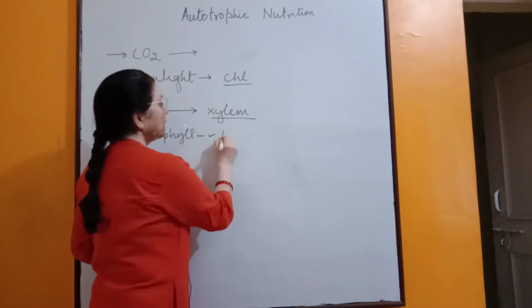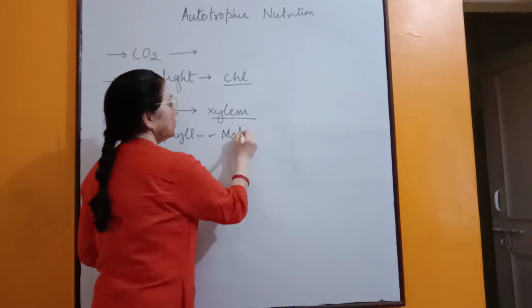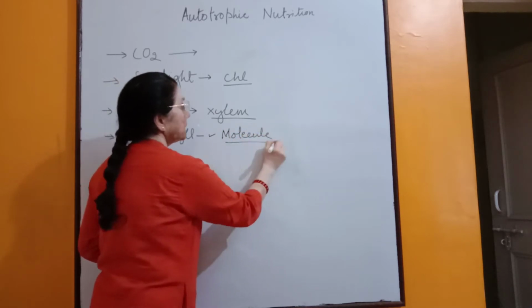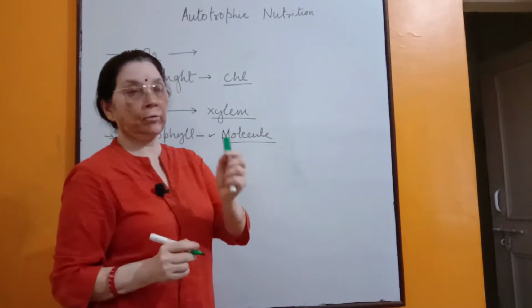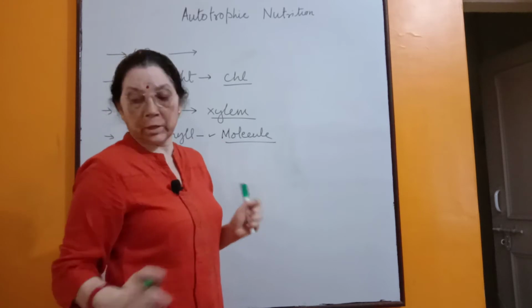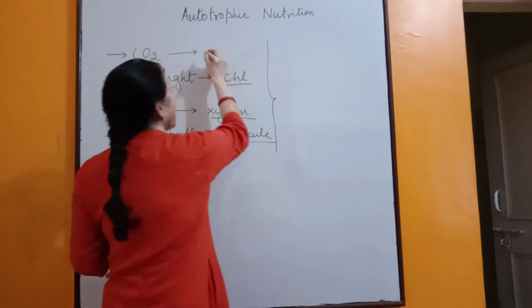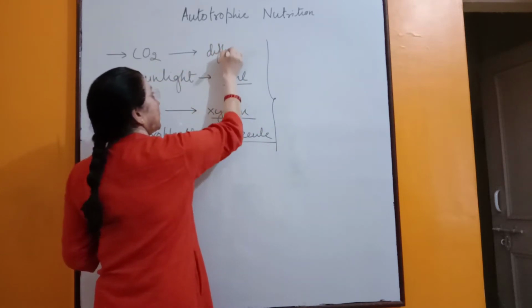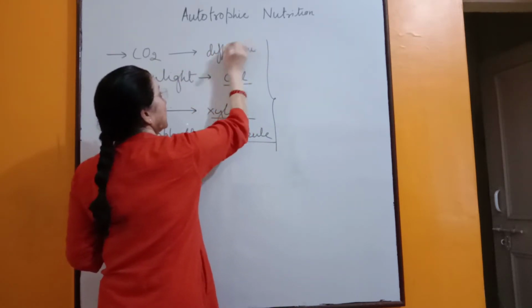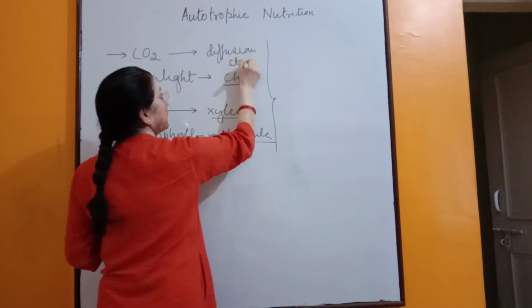Chlorophyll is a molecule which is present in the chloroplast of each cell. Carbon dioxide enters by the process of diffusion through stomata.